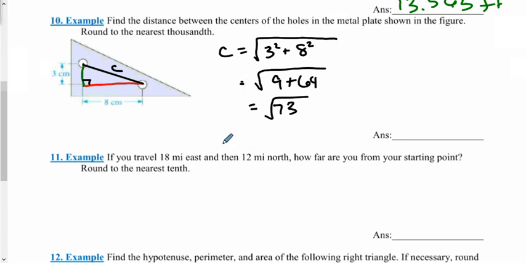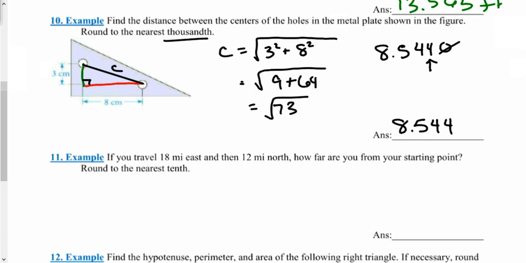And again, it does say to the nearest thousandth, so we'll push that in the calculator and do the square root of 73, and I get 8.5440. And if I'm trying to go to here, then that's a no-brainer. We just cut it off and be done.